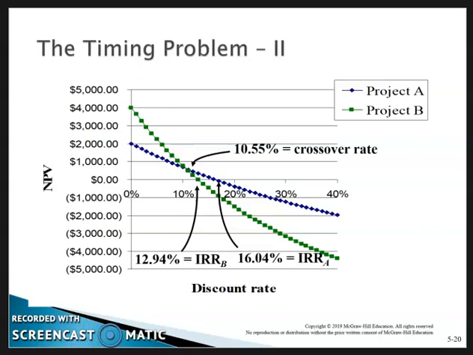This is the NPV profile of project A. At low rates, project B is actually more valuable than project A, so it creates more value. But as rates go up, project A becomes more valuable because the cash flows occur sooner. This is what we refer to as the timing problem.